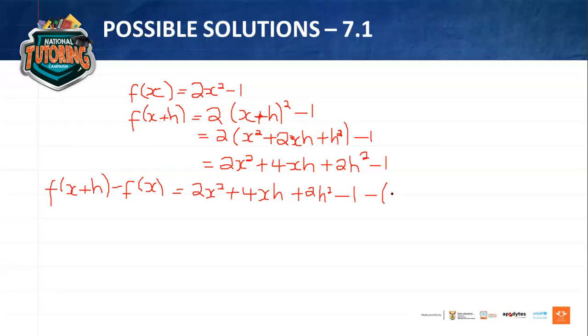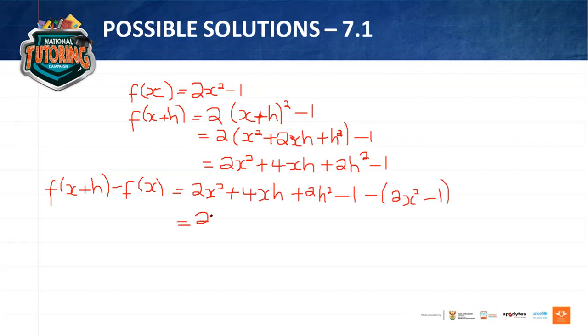your 2x squared, which is your f at x, minus 1. So please remember, when we subtract, we always open the bracket. So now we can remove those brackets.